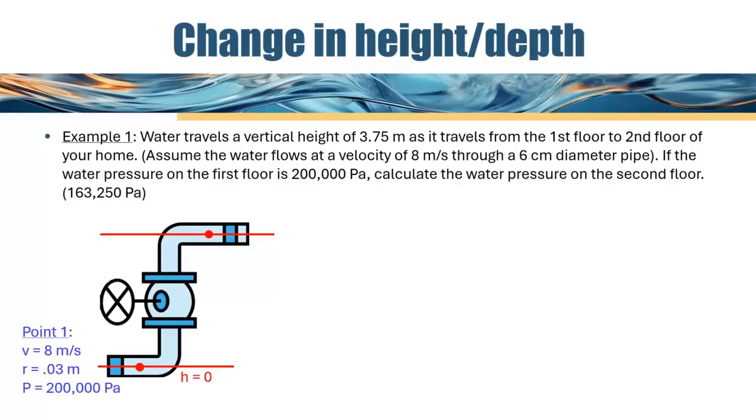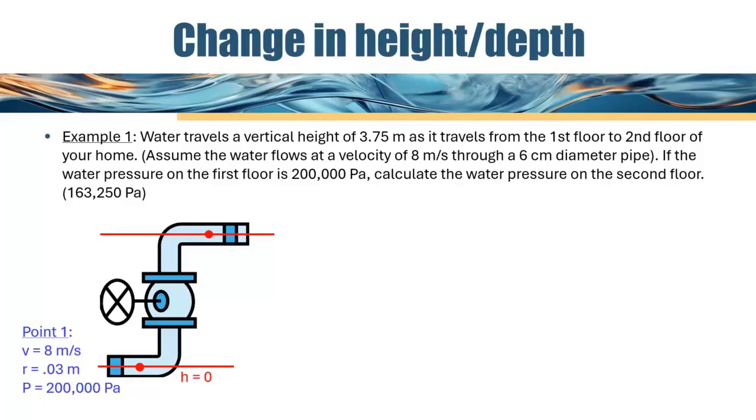So at point 1, we know that the water is flowing at 8 meters per second. It says it's flowing through a 6 centimeter diameter pipe. So 6 centimeter diameter is 3 centimeter radius. And then I changed centimeters into meters. So there's my 0.03. And it says the water pressure on the first floor is 200,000 pascals.